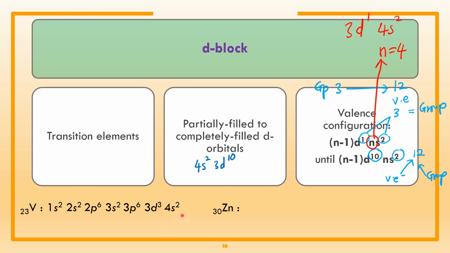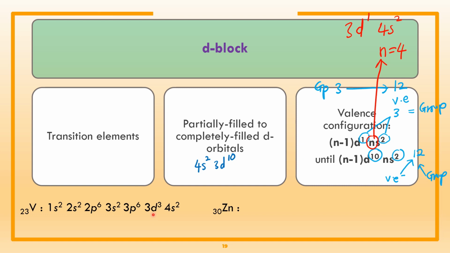By doing that, you will see this is our highest principal quantum number, which is n = 4. But is this the valence configuration for vanadium? Don't be too quick to find the answer. Let's look at the neighbor before the 4S. Here we have 3D orbitals just before the 4S. By having D orbitals before the 4S, you cannot take the 4S alone as the valence shell, because there is a D behind it.